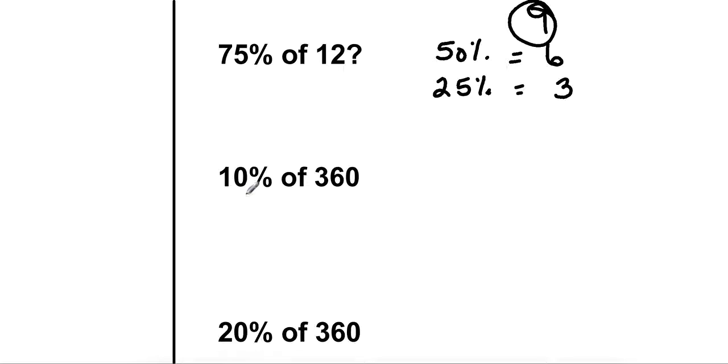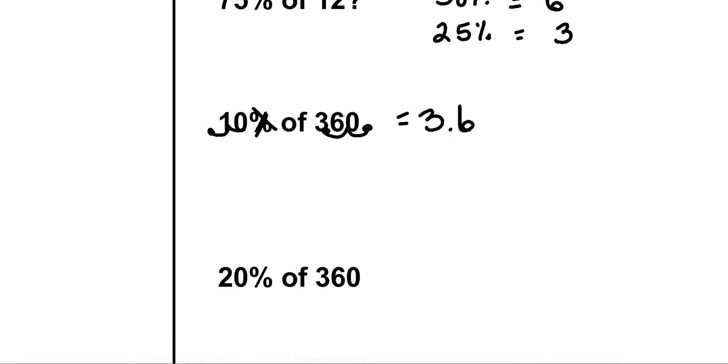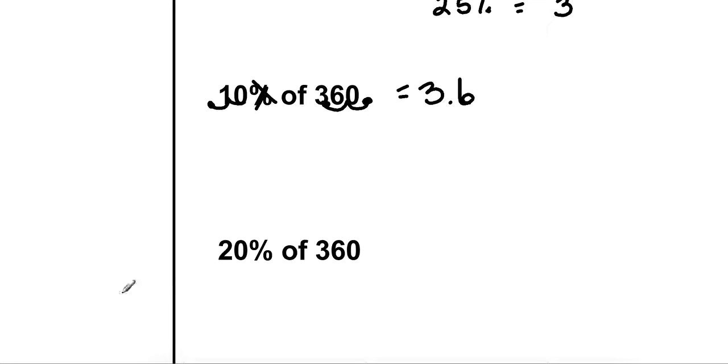This is a whole lot easier when you're dealing with 10%, because 10% is just, remember, moving the decimal place back 2 times or dividing by 100. So if I divide this by 100, I just need to move the decimal place back 2 times, which would give me 3.6. Now 20% doesn't mean I move it back 20 times, but it means I move it back to 10%.